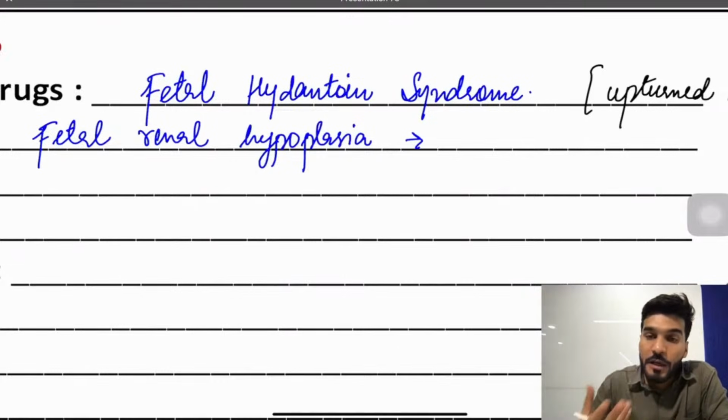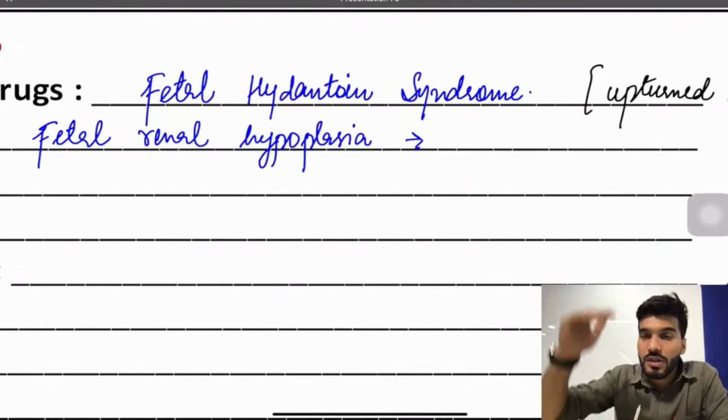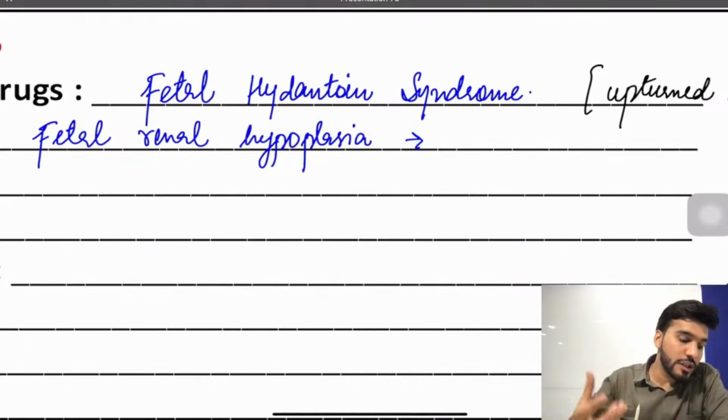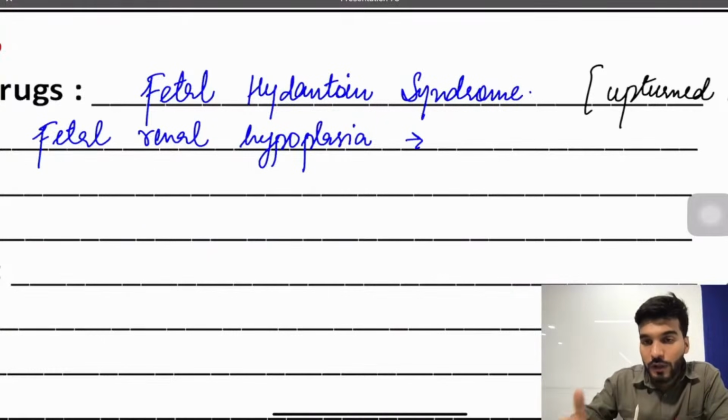That's why patients taking ACE inhibitors have oligohydramnios as a side effect, because when the blood flow to the kidney decreases, the GFR decreases. When the GFR decreases, fetal urine formation decreases, and you know that fetal urine formation is the most important constituent of the amniotic fluid. So when the amniotic fluid itself is reduced, that's why the patient lands in oligohydramnios.